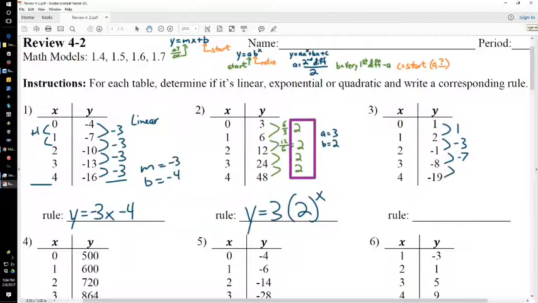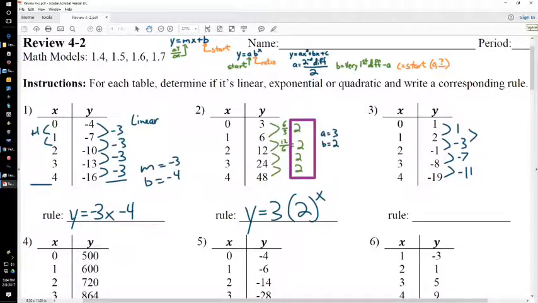Negative 19 minus negative 8, I'm going to get my calculator out. I don't feel like messing this up. Negative 19 minus negative 8 equals negative 11. All right, so that's our first difference. Obviously it's not linear. So let's do the second one.